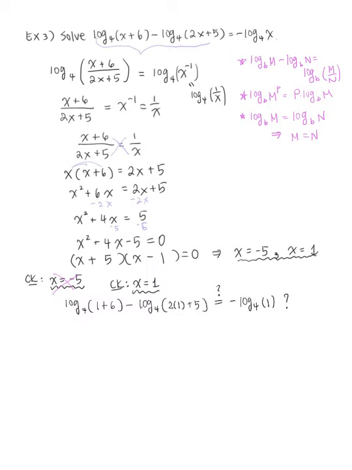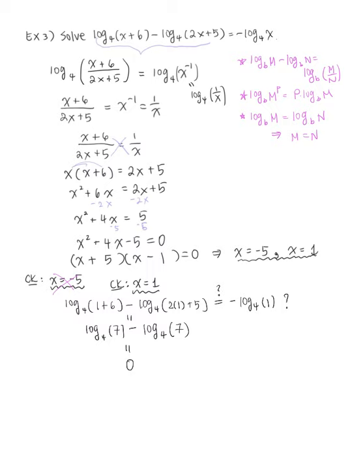So let's check. The left hand side, what do we got? We have log base 4 of 7 minus log base 4 of 7. Oh, look at that. And then this becomes just a 0.